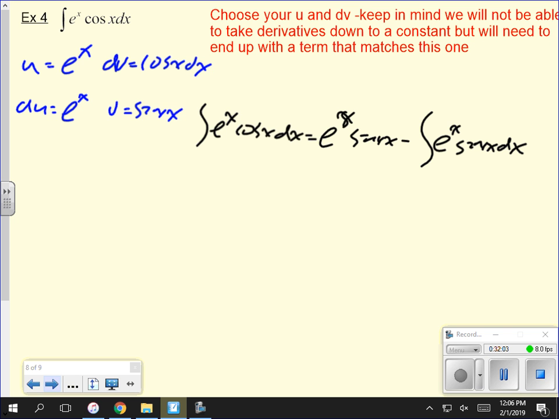And I can hear many of you whimpering and trying, Mr. Horace, I thought you said they'd get simpler and easier. That's pretty much the same thing we started with. e to the x sine x is nearly e to the x cosine x. It's not. It's close.